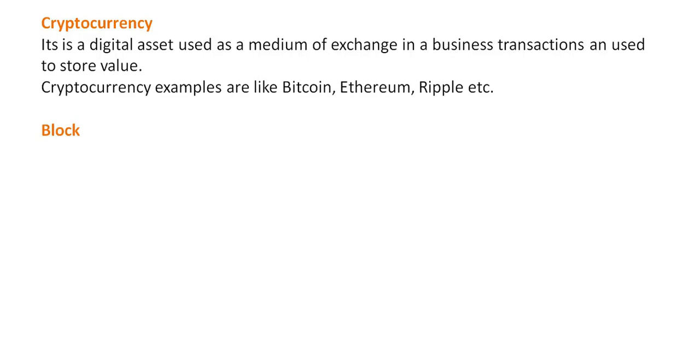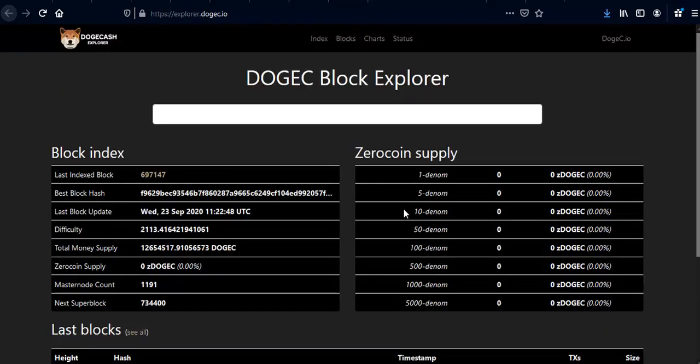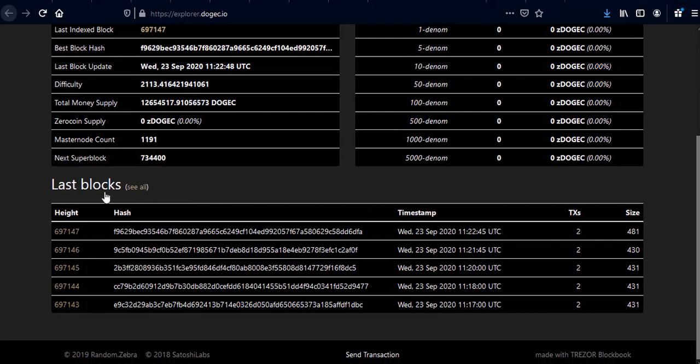Then we talk about block. A cryptocurrency block is a package of permanently recorded data on the blockchain network. Each row of transactions in blockchain is represented by a block. So let's see how a block looks. Looking at this here, we see the last block.